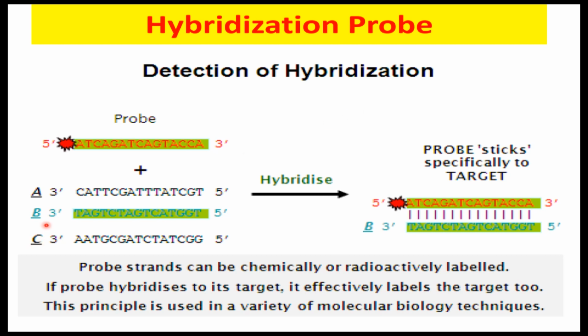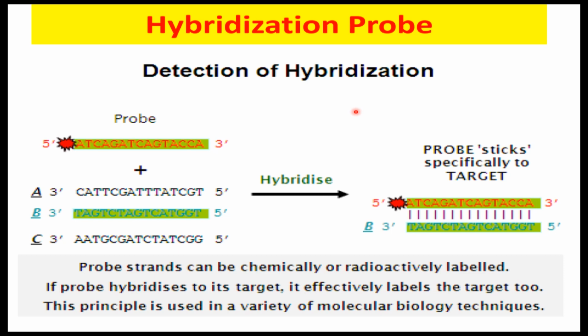So it is the second sequence which matches exactly, and the probe sequence hybridizes or makes bonds with this second sequence that I have shown here, and hence this part of the DNA is visualized since the probe sticks to the target in this way. Target means that particular sequence from the whole DNA.